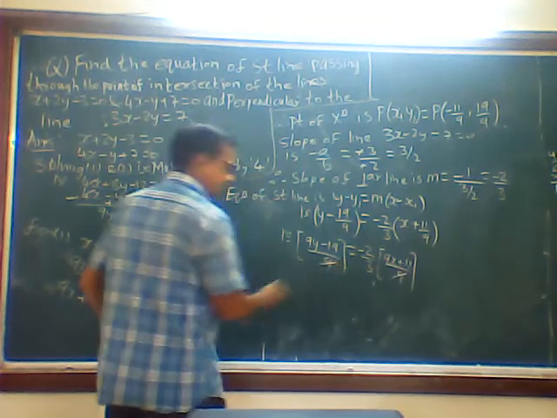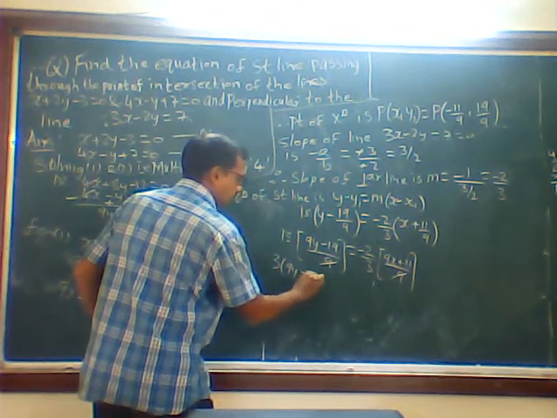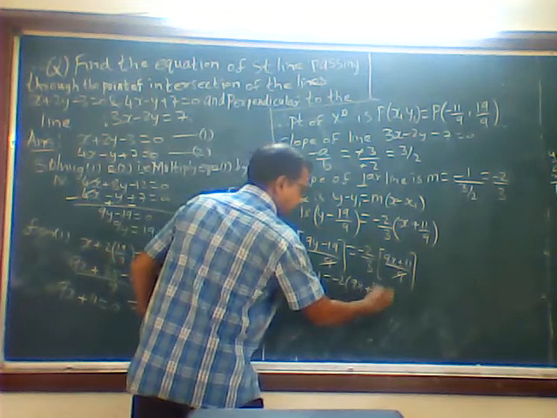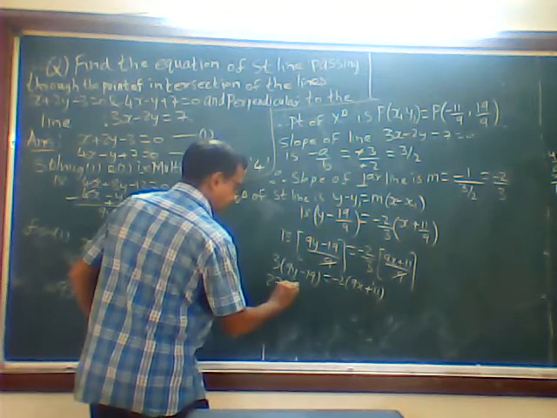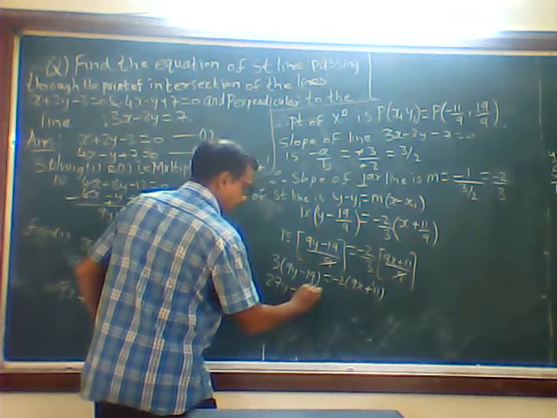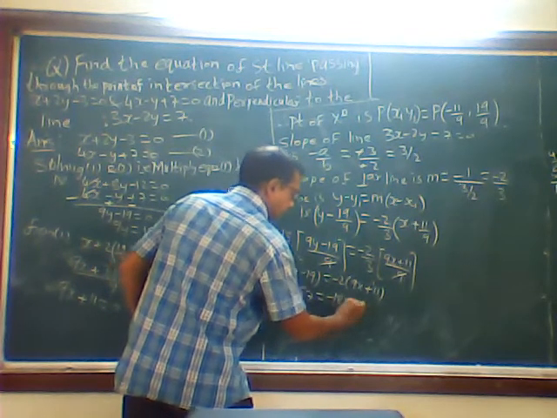Again this 9 will cancel, and this 3 will come here: 3 into 9y minus 19 is equal to minus 2 into 9x plus 11. So 3 nines are 27y minus 57, equal to minus 18x minus 22.